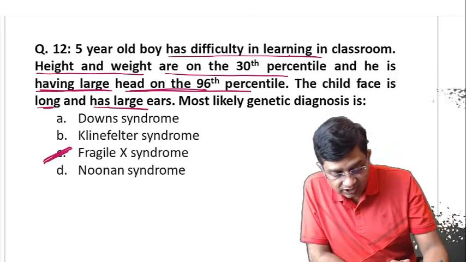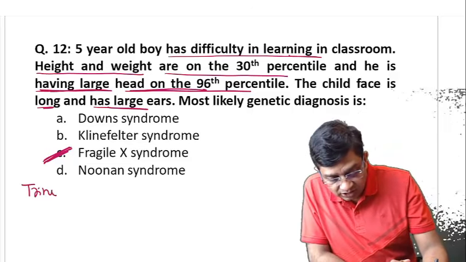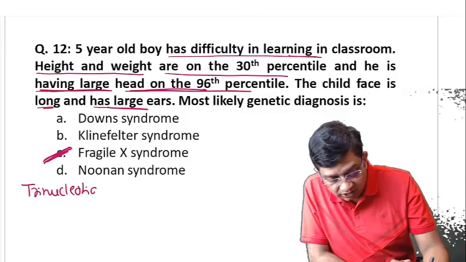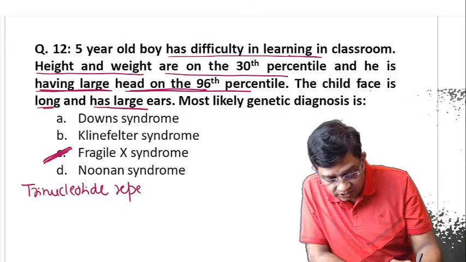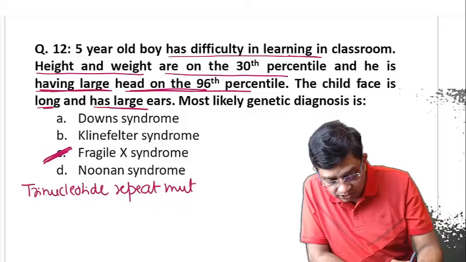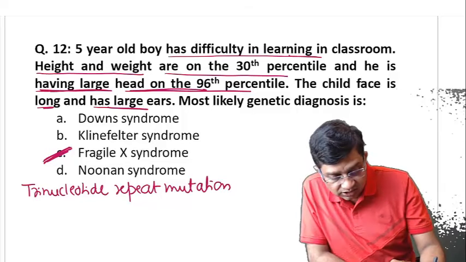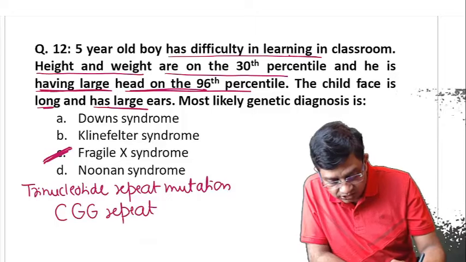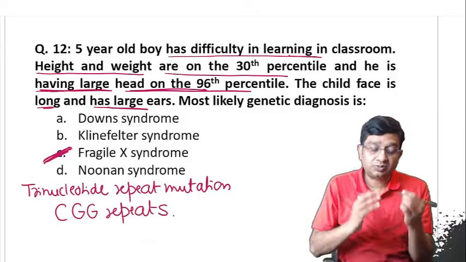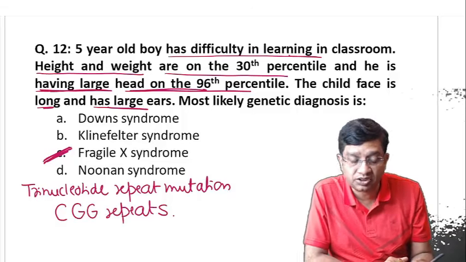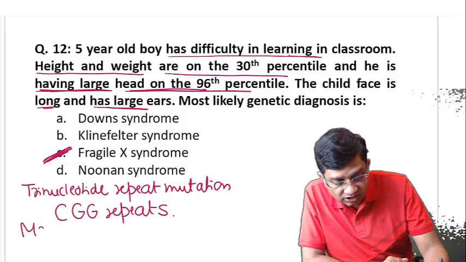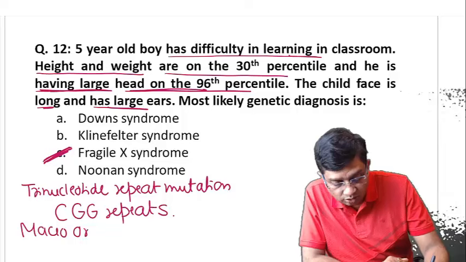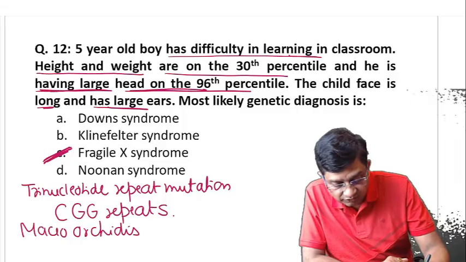In Fragile X syndrome, there is a trinucleotide repeat mutation, particularly CGG repeats. The characteristic feature here is macroorchidism, enlargement of testes.